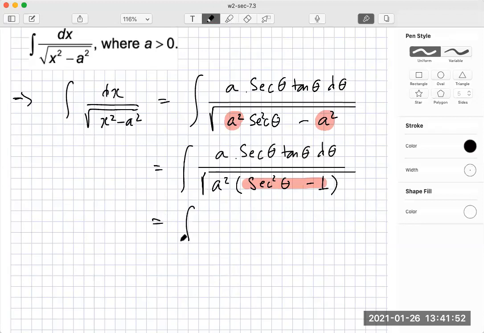And it will be the integral of a secant theta tan theta d theta over the square root of a squared tan squared theta. And here, a is a positive number, so we can take it out of the square radical sign. And the square root of tan squared gives us tan theta. And remember, there's an absolute sign here.